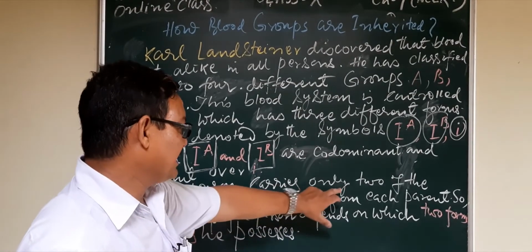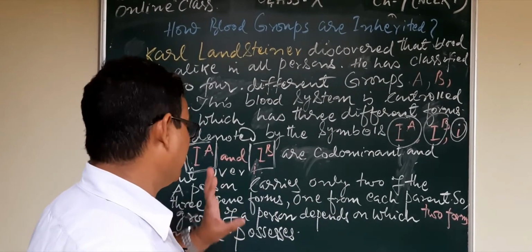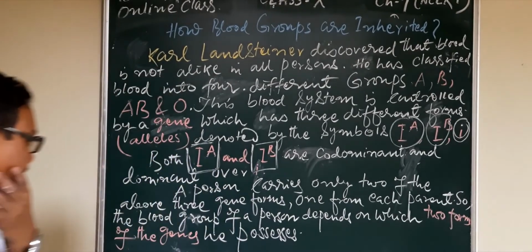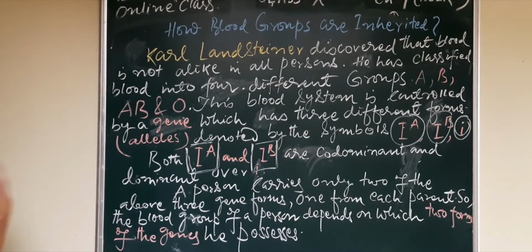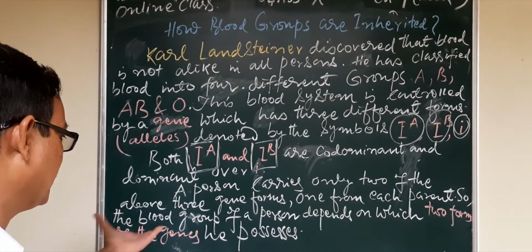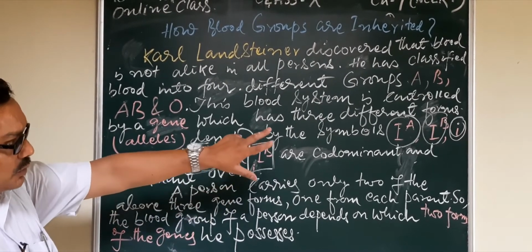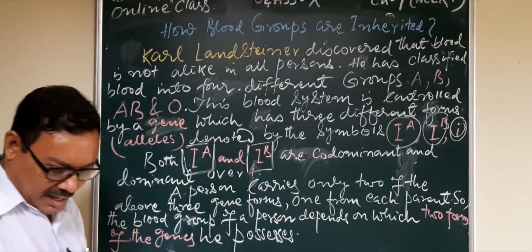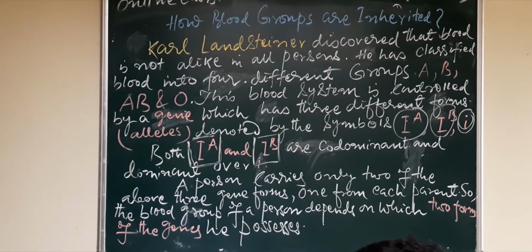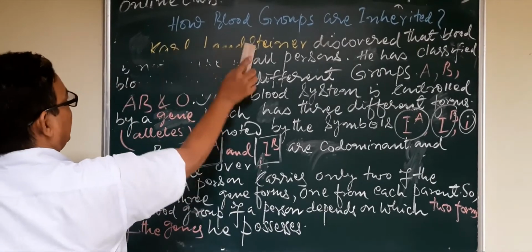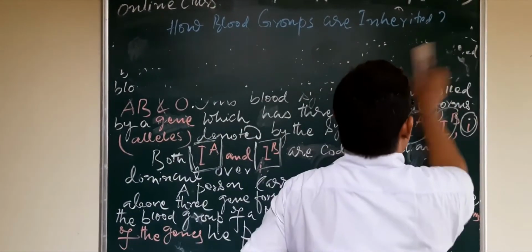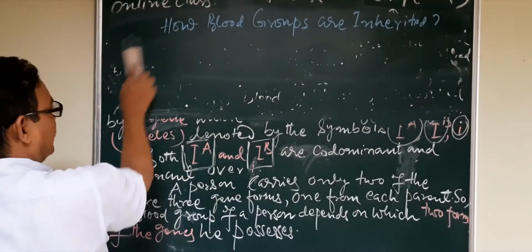A person carries only 2 of the above 3 gene forms, 1 from each parent. So the blood group of a person depends on which 2 forms of the genes he possesses. अब ये डिसाइड करेगा ब्लड ग्रुप कि उसके पास 2 फॉर्म कौन सा है. अब आइए देखें इसको किस तरह से. बहुत ही ये ईजी है, इसे आप एकदम मिनटों में खुद से कर लीजिएगा.